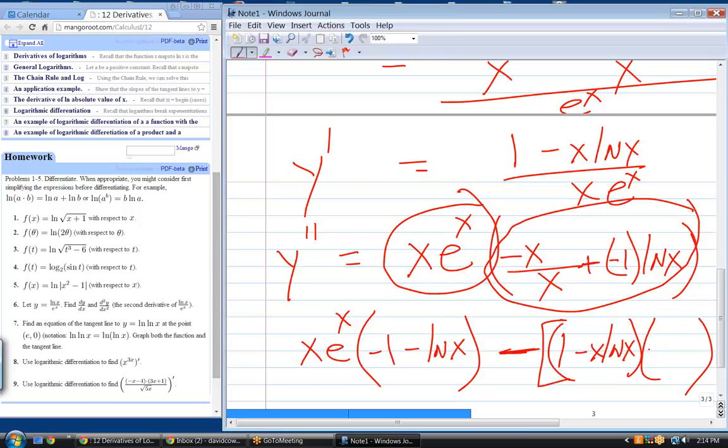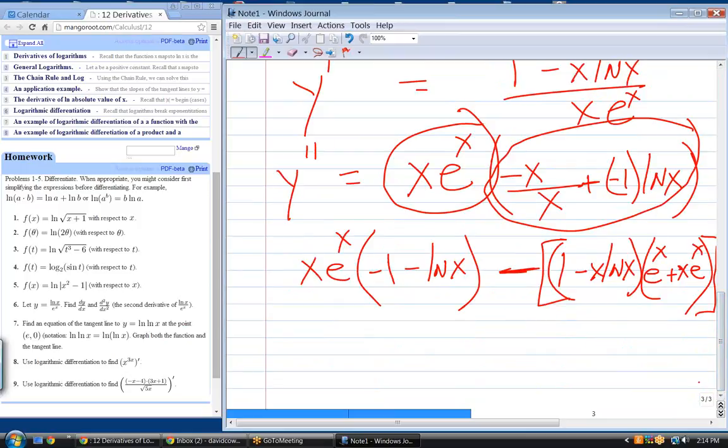So it's the derivative of x times e to the x plus the derivative of e to the x times x. So that's the top for our second derivative. Okay. What's the bottom?